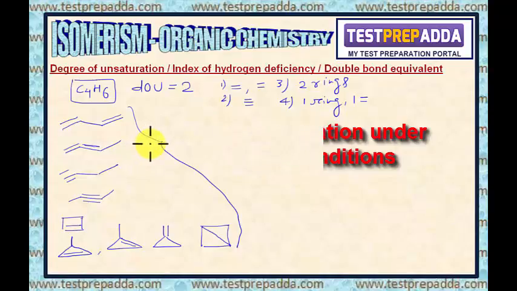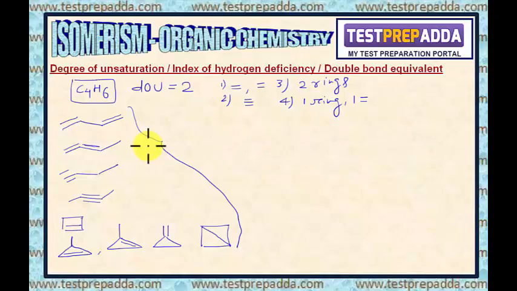So if the question says, write those molecular structures of this molecular composition which are unaffected by hydrogenation under normal conditions, then which structure will you write? Only this one.